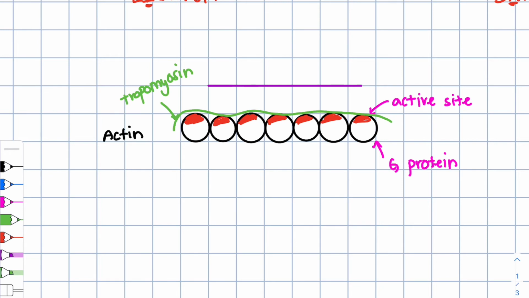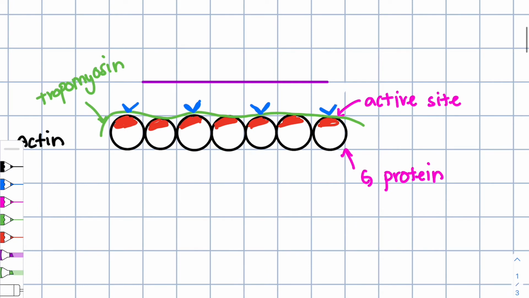In addition to that, you also have these other proteins which are going to lock the tropomyosin in place. Okay, now how do we remove these lock-shaped structures? And these lock-shaped structures are called your troponin. So troponin are those structures that are going to anchor the tropomyosin on top of the active sites.